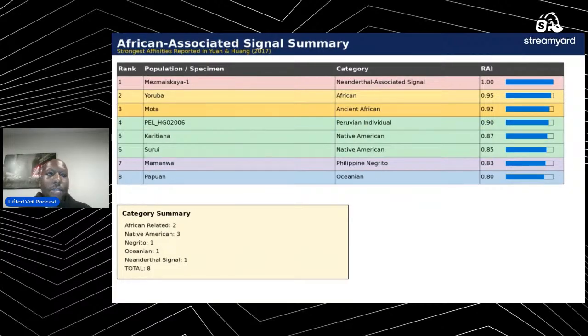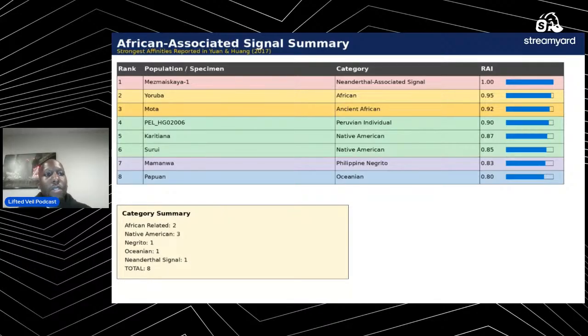All right, so this is the African associated signal that I was hinting at earlier, the summary of that. Okay, so the specimen that shared the most African archaic signal was Mezmaiskaya 1, which was found in Russia.